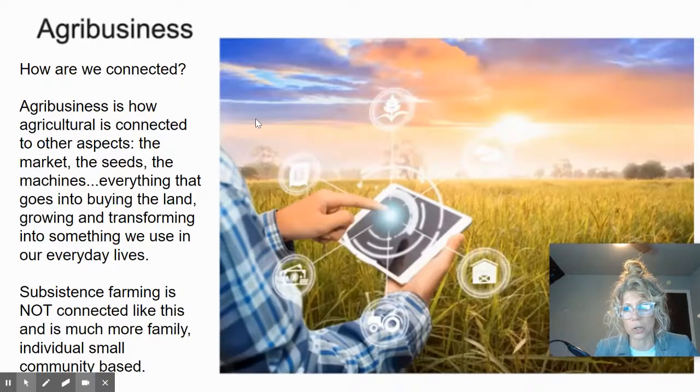That's commercial, and that is very much agribusiness. Agribusiness is not even existent in subsistence farming. Subsistence farming is much more connected to individuals and family and small community-based markets.